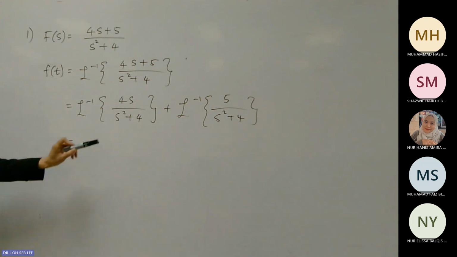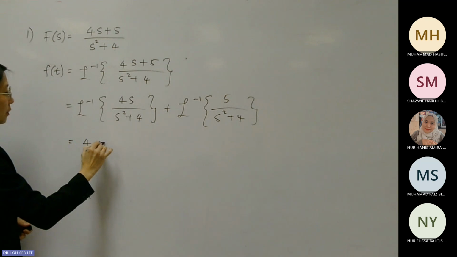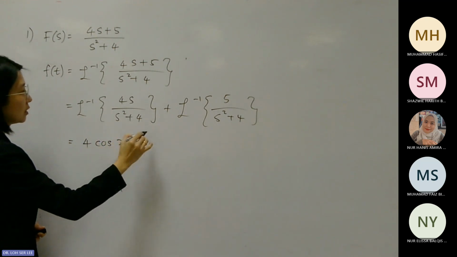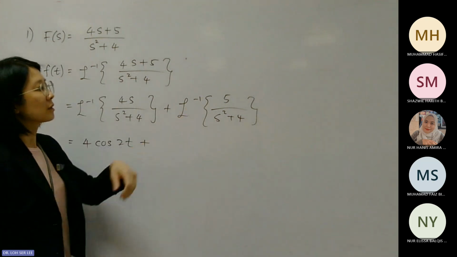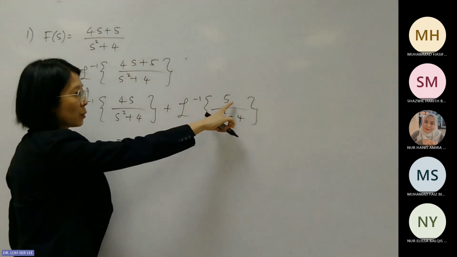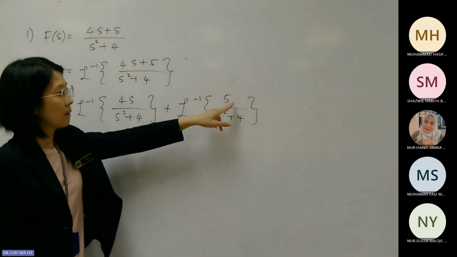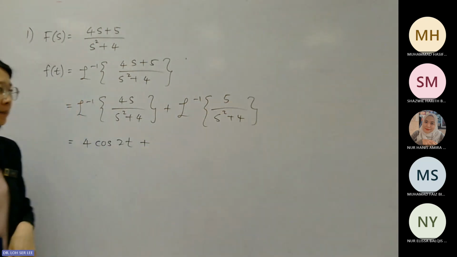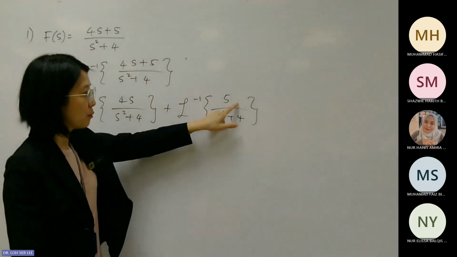Okay, so the first term, it should be cos. So we take out the 4, we have a cos 2t. And the second term is sine. What we need here for the sine is a 2.